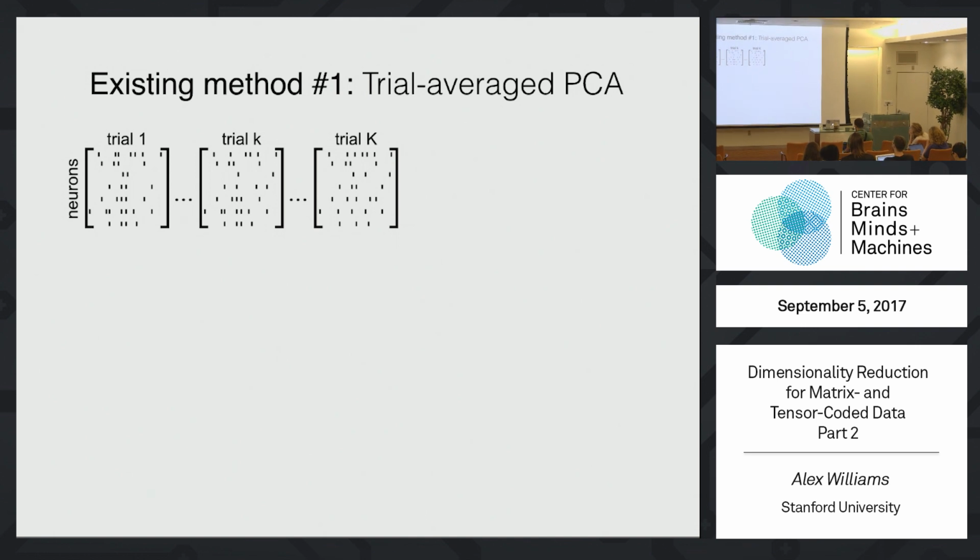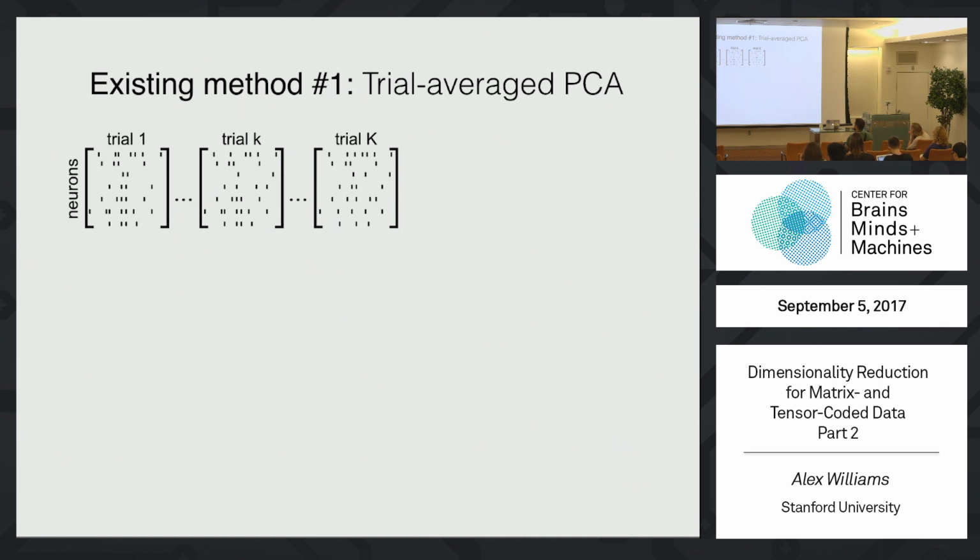So the simplest method for dealing with multi-trial neural data. This is the framework that we're going to be working in. We're recording from many neurons over many trials, and each trial is a matrix of neurons by time. And if you're recording, let's say, spiking data, we know that at least a common model for trial-to-trial variability is Poisson noise in the spike generating mechanism.